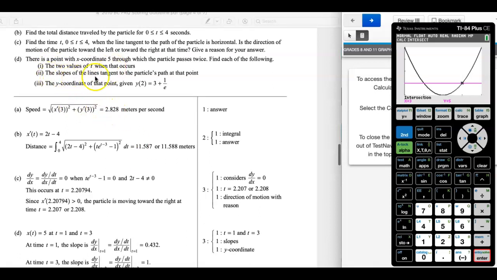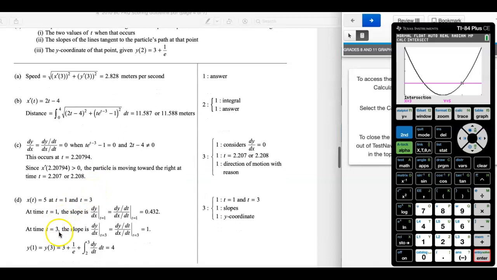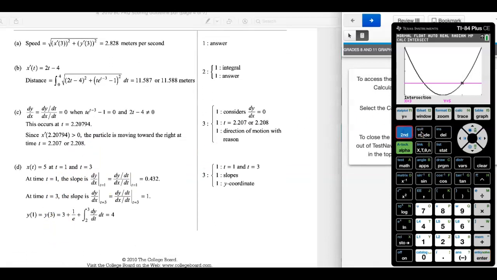The slopes of the lines tangent to the particle's path at that point. Remember, slope, as we discussed in part C, is dy dx, which is the equivalent of dy dt over dx dt. So that's a formula we need to know. We want to just simply calculate that at 1 and at 3. So the way we're going to do that is go back to our main screen here, and we have in y1 dx dt, and in y2 we have dy dt.